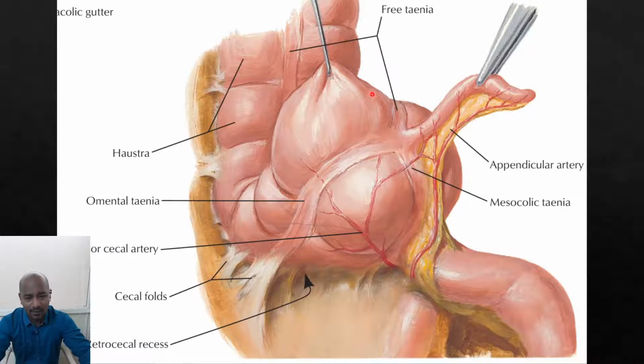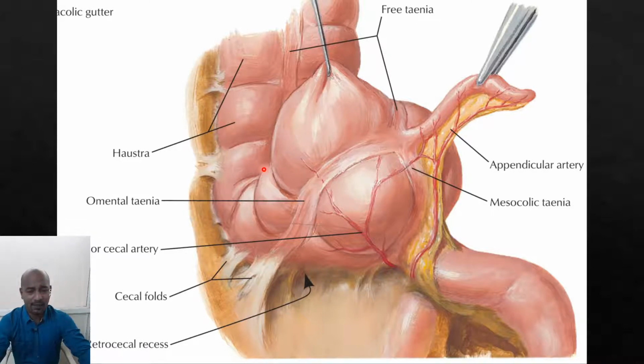The free taenia is on the anterior side, on the posterior side you have the taenia omentalis, and on the posteromedial side you will have the taenia mesocolica. But this is true for the ascending colon.